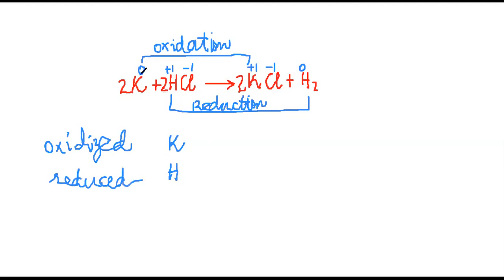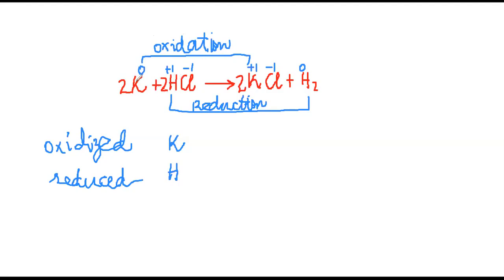Okay. Now basically what happens here? Here potassium gives one electron to hydrogen. So loss of electron takes place in potassium and gain of electrons takes place in hydrogen.